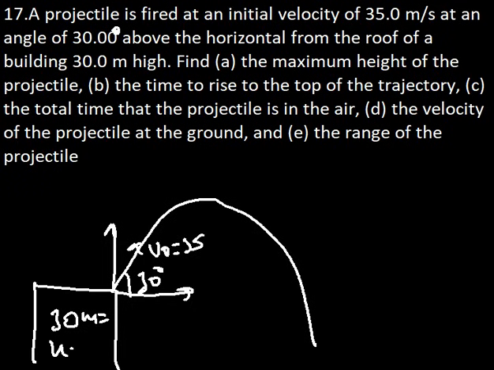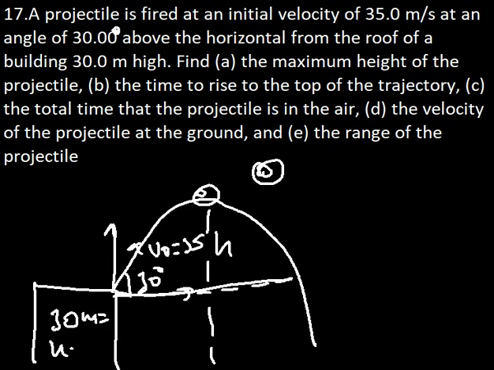Now question A says we should find the maximum height of the projectile. Now that particular maximum height, we mean from the ground level up to the maximum position. We are looking for this, and that is the height from the level of the throw plus the height of the building. We already discussed the height from the level of the throw to the maximum position.